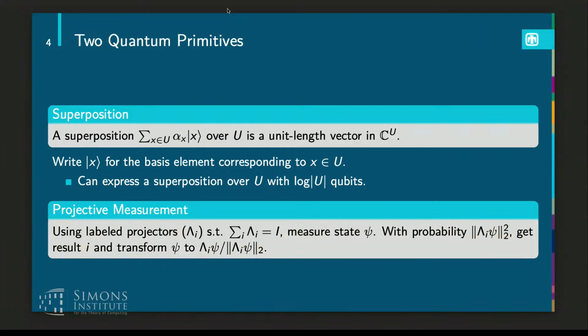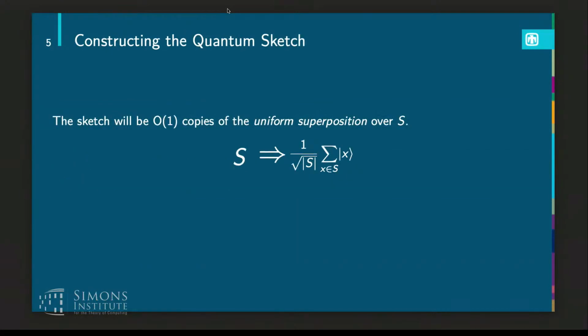Okay, so with these two primitives, we're going to be able to build a sketch that satisfies the criteria that I mentioned earlier. And the sketch will actually be very simple. Our sketching state is just going to be a number of copies of the uniform superposition over the set S. Remember, the set S is the set that we wanted to sketch.